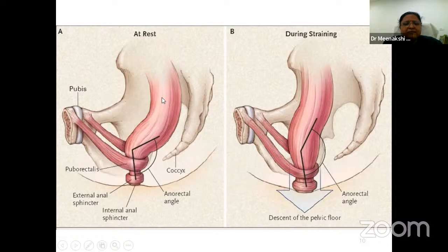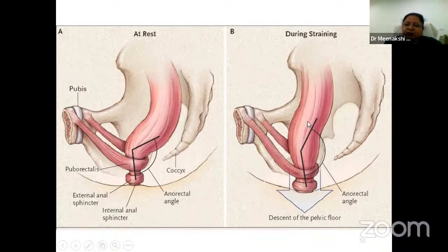At rest, what is the position of the rectum, and what is this anorectal angle? Why don't we get fecal incontinence? It is because of this anorectal angle. Then continence is because of the external anal sphincter, internal anal sphincter, and very important, the puborectalis sling, and the lie of the rectum is also very important.